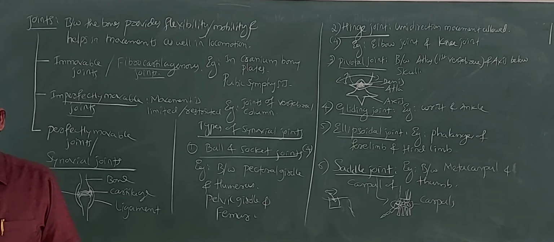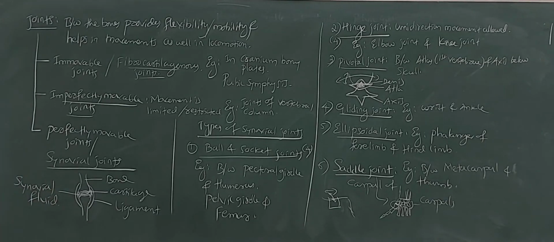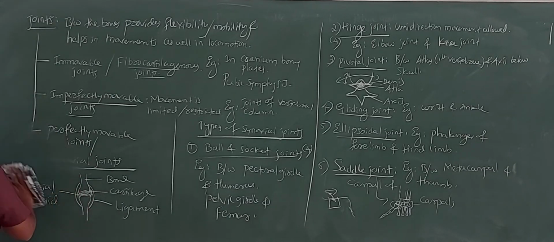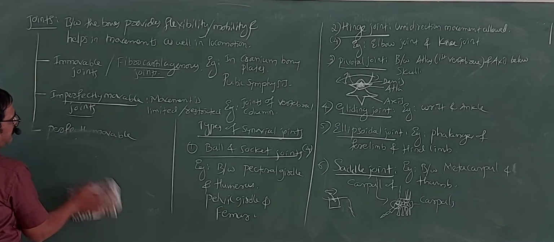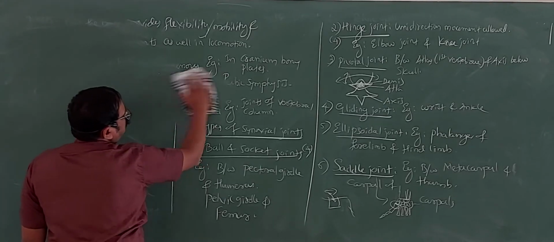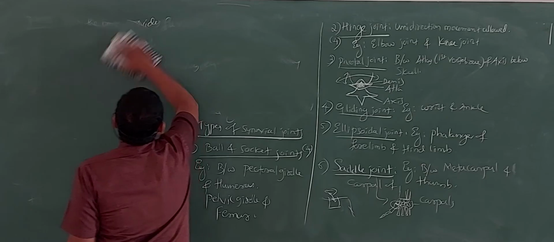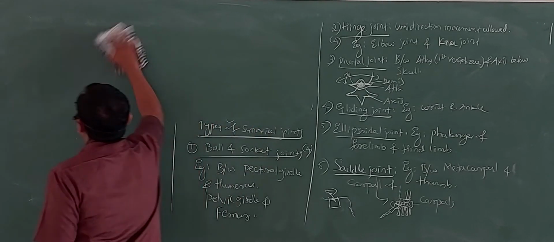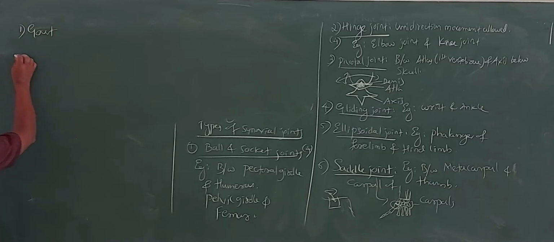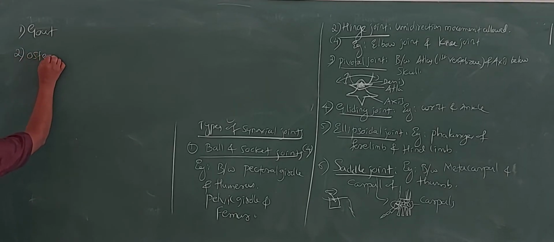Well, we still need to know about some disorders related to the human skeletal system. So let us have a small discussion about skeletal disorders. There are only a few. Number one, gout. Number two, osteoporosis.